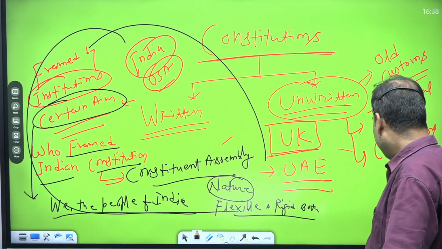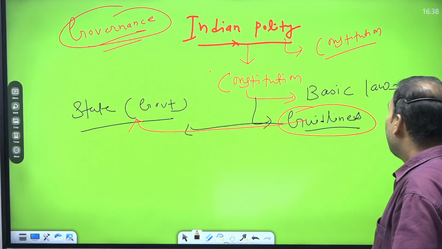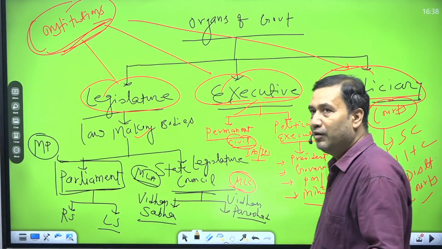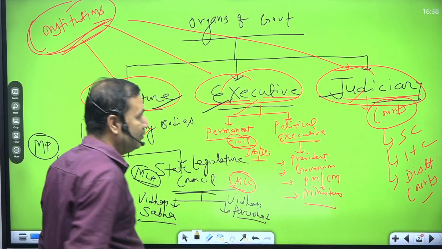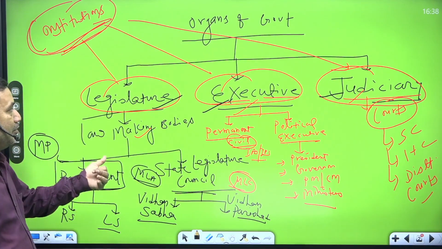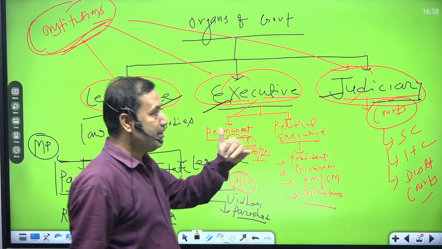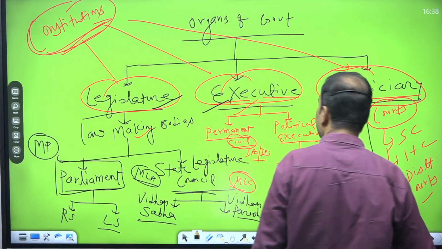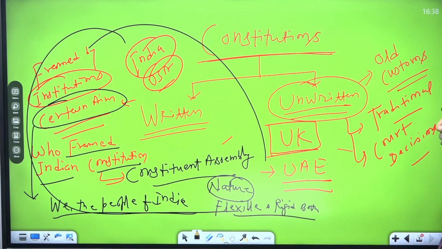Clear? Repeat one time. How many organs of state government? 3: legislature, executive, judiciary. What is the function of the legislature? Law-making body. Executive executes, judiciary is the court. Second question: what are examples of the unwritten constitution? UK, UAE. Why unwritten?